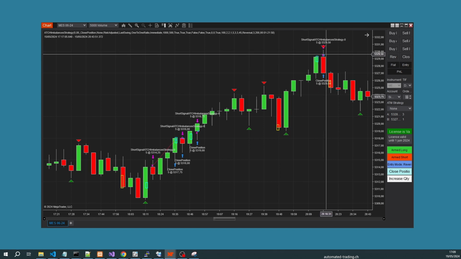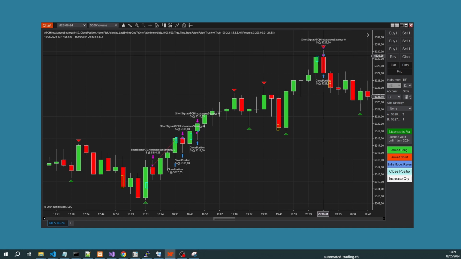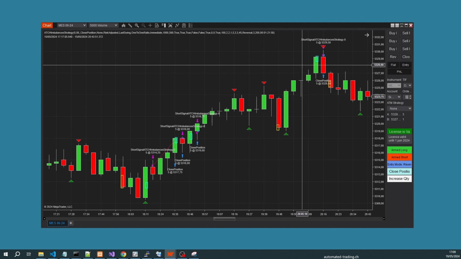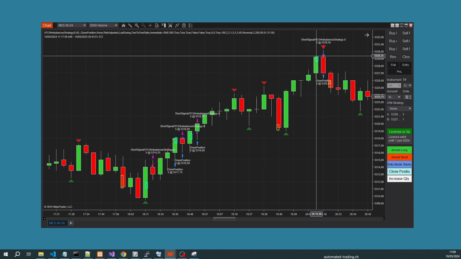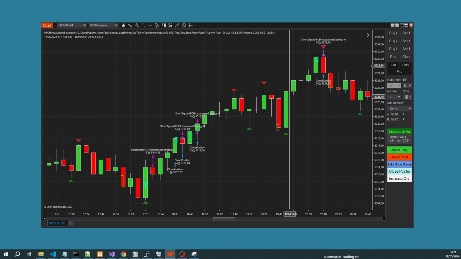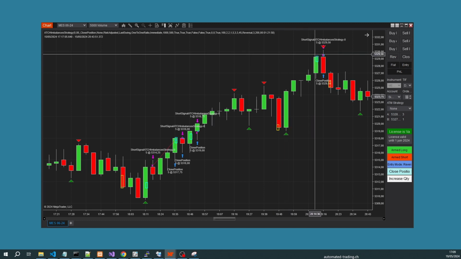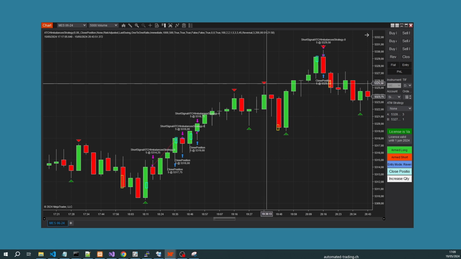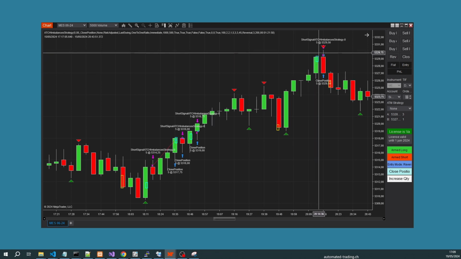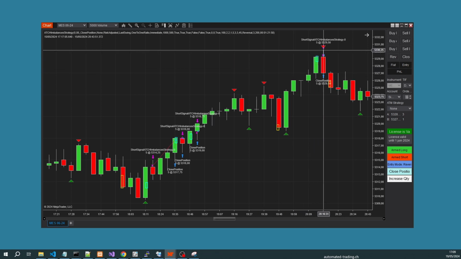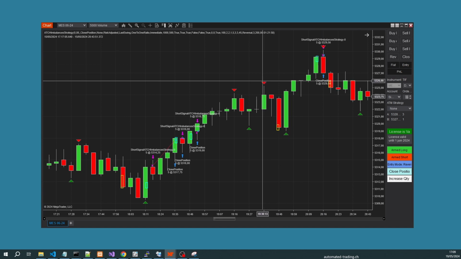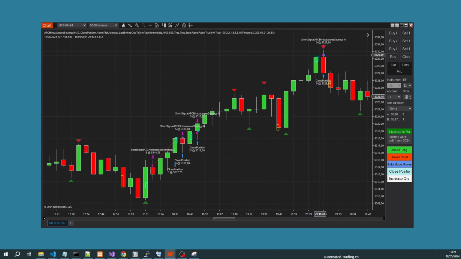It entered a short position here, but when it wanted to set the stop loss, it looked for the last swing. Because I set the stop loss method to the last swing, the last swing at this level was here. This price is not considered a swing yet. So the last swing is here. So the stop loss was set to this level, but the entry price was higher.